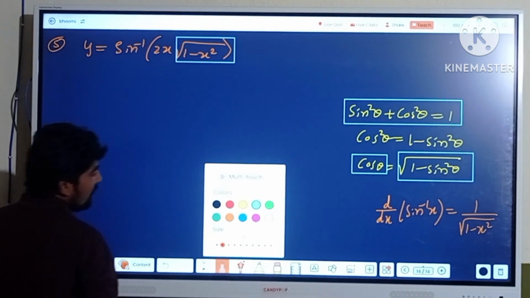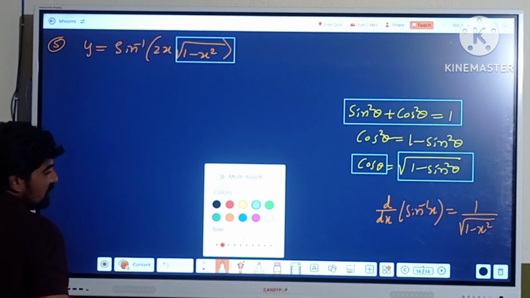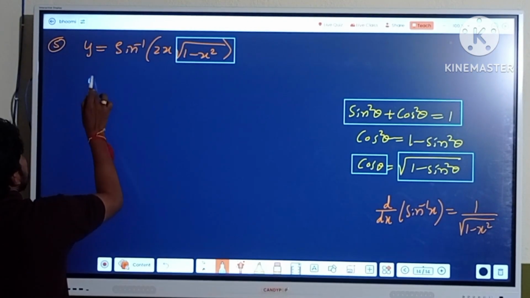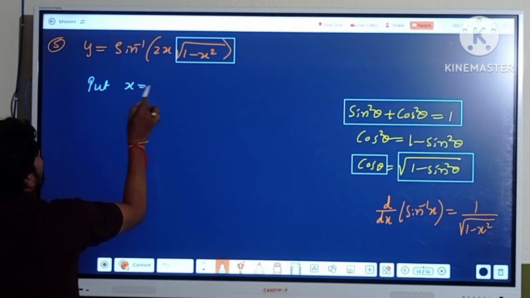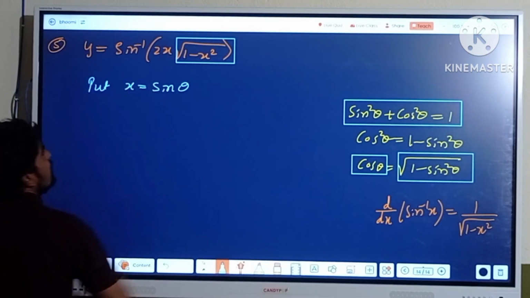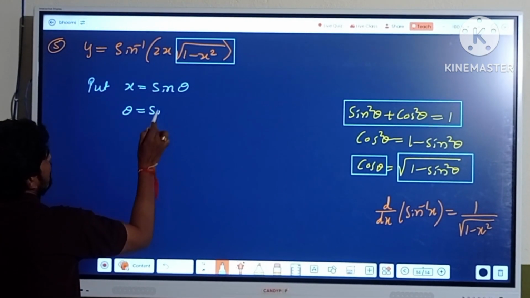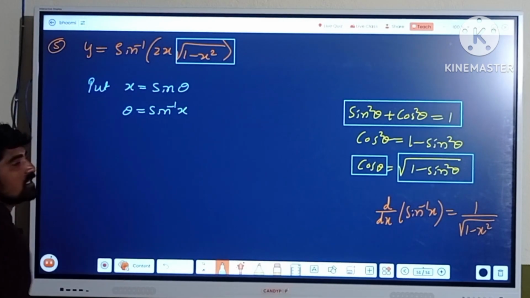So for the simplest form of this given y, I am going to substitute x is equal to sin theta. If x is equal to sin theta, definitely theta is equal to sin inverse x.